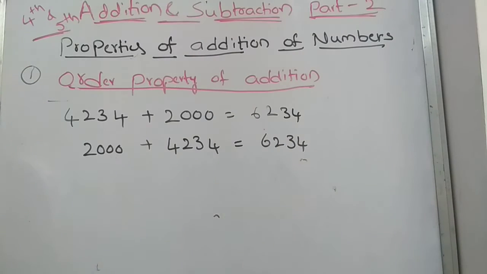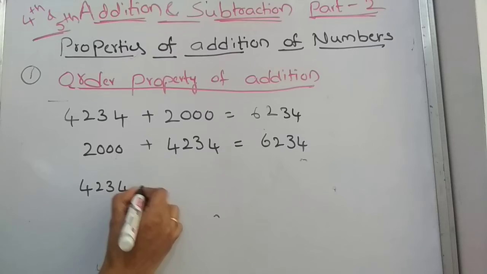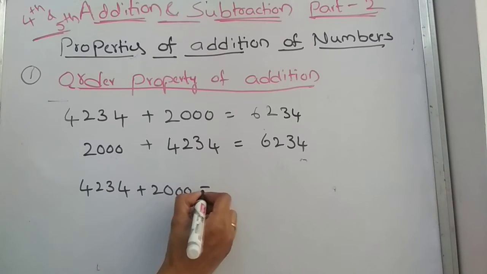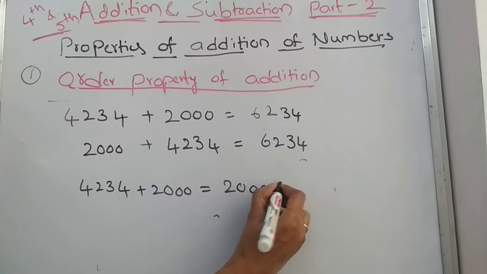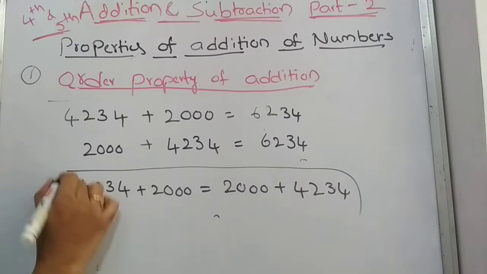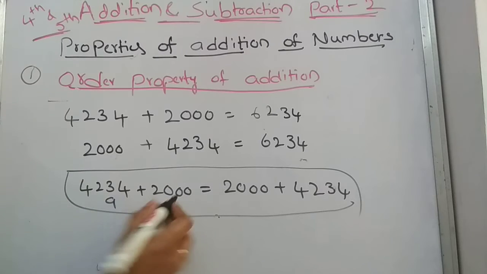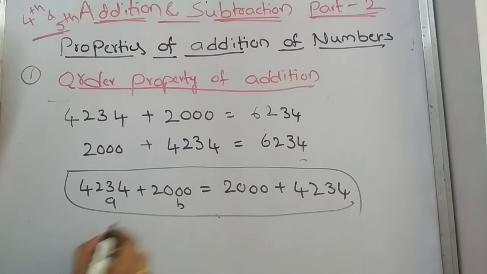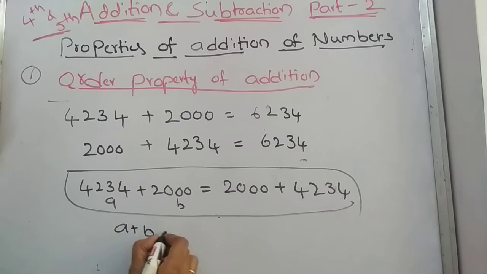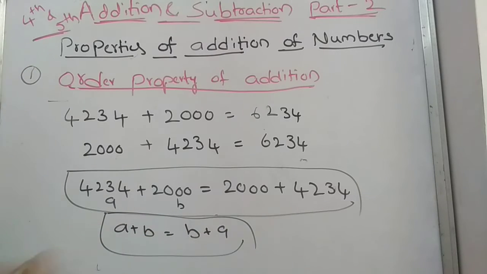Please observe the conclusion: 4234 plus 2000 equals 2000 plus 4234. Suppose this number is named A and this number is named B. Then A plus B equals B plus A. This is the order property of addition. This is for a 4-digit number.